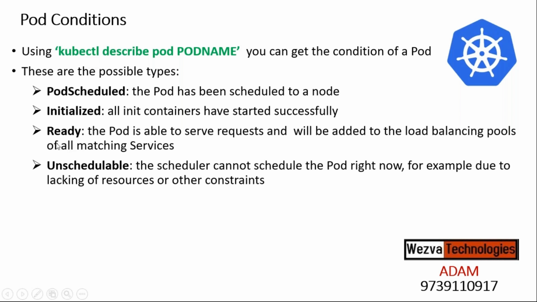So when will the pod move to the Ready state? Only when the main container has started, the startup command or the application is running fine, and your health check has completed at least one execution and is giving you success. That's another way you can debug, because sometimes deployment will be successful, there is no error message, and your container is also running, but for some reason the health check is not passing.